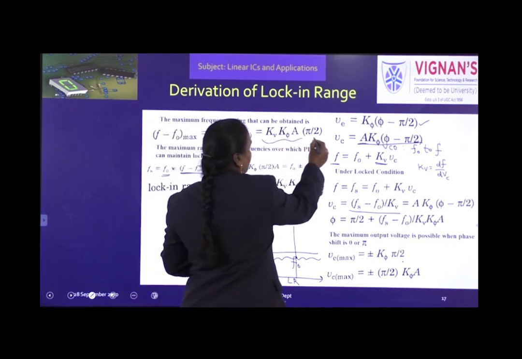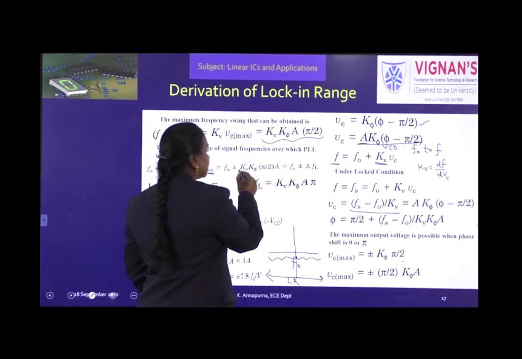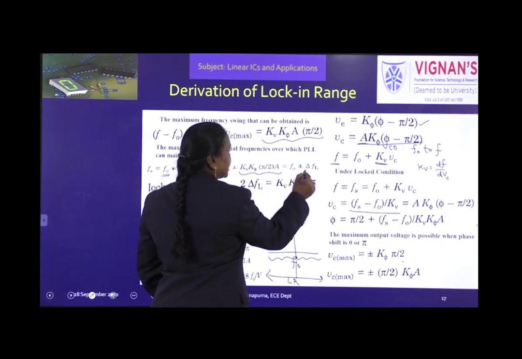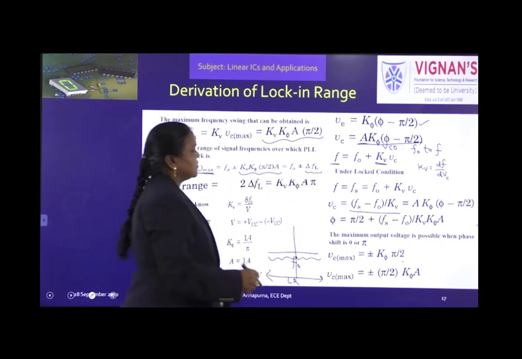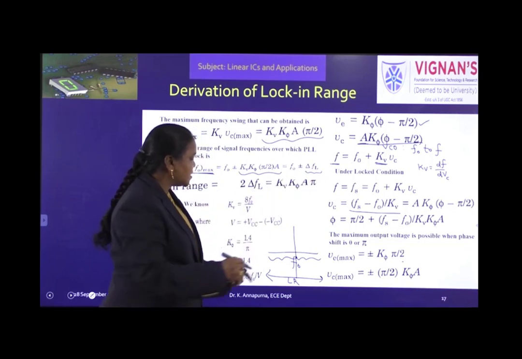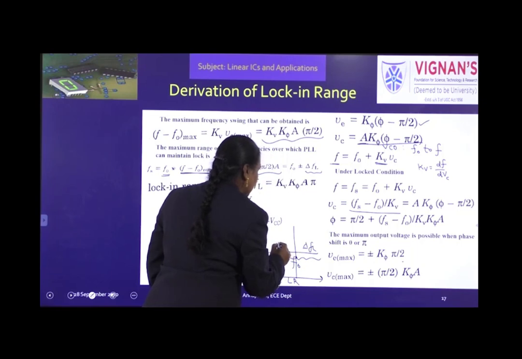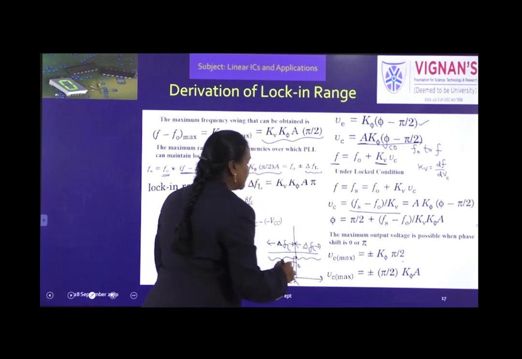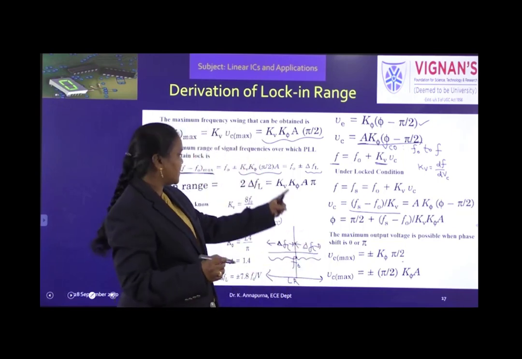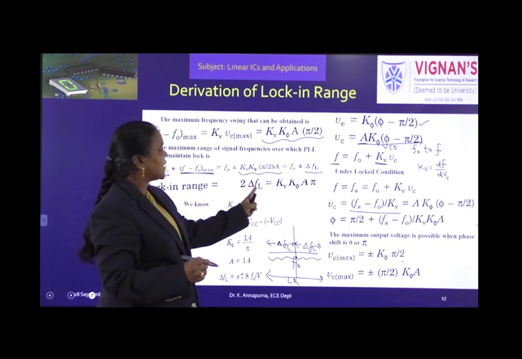So this is the maximum range possibility. So if I substitute that, this is nothing but we can represent as change in frequency, that is delta FL. And lock range means, so this is delta FL this side. Similarly, delta FL this side. Then what is the lock range? 2 times delta FL. Okay. So lock-in range means 2 times delta FL.